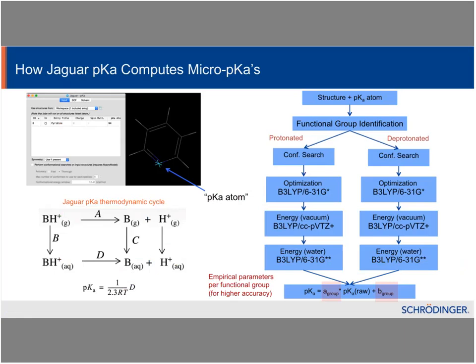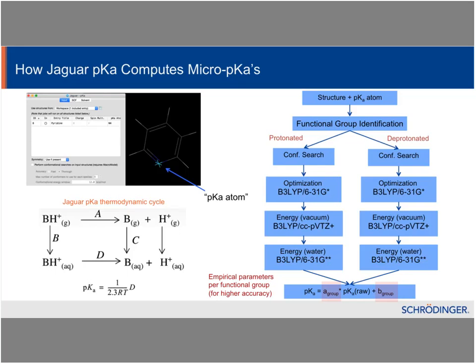In micro pKa calculations, you need to basically define your process, your protonation or deprotonation process. In the GUI, in Maestro, that's the graphical interface that hosts the Jaguar pKa program, you indicate the pKa atom, which defines the micro pKa process.